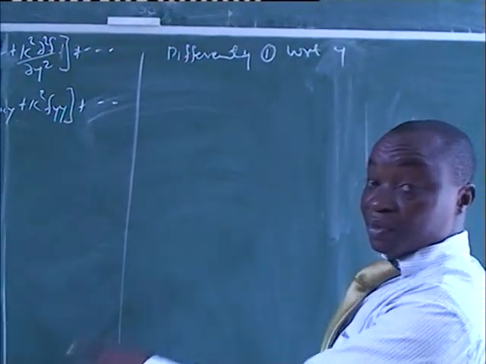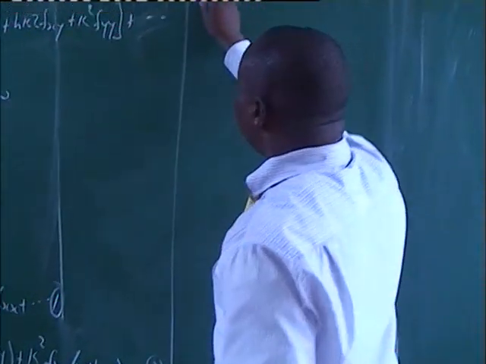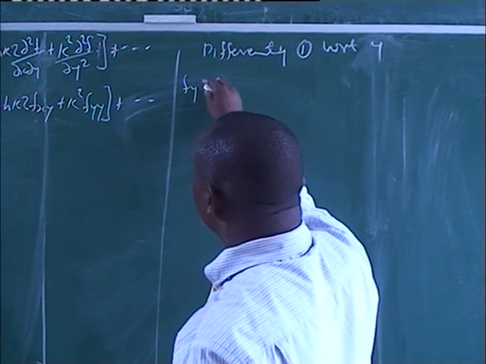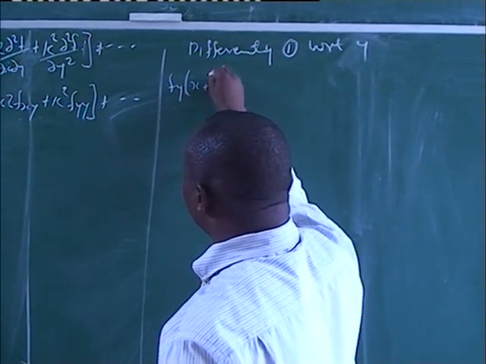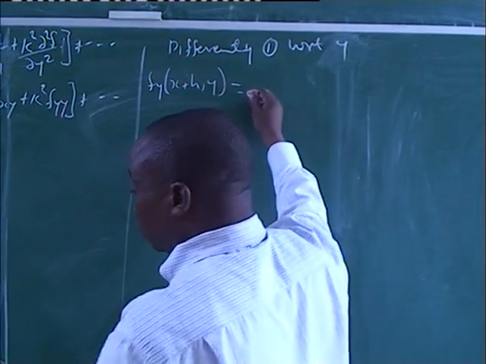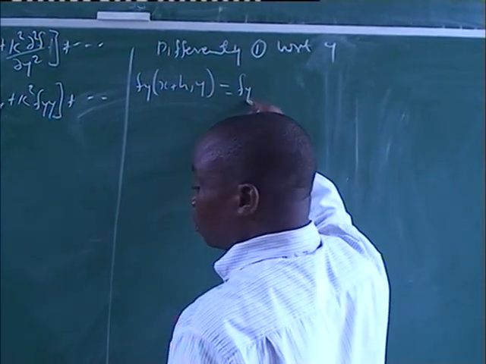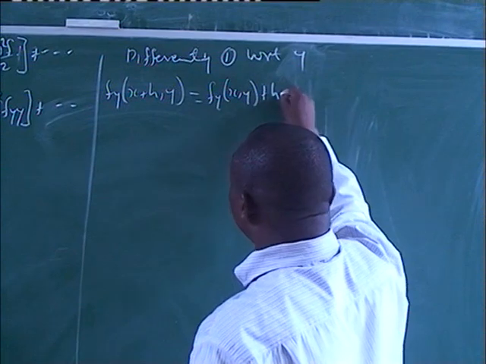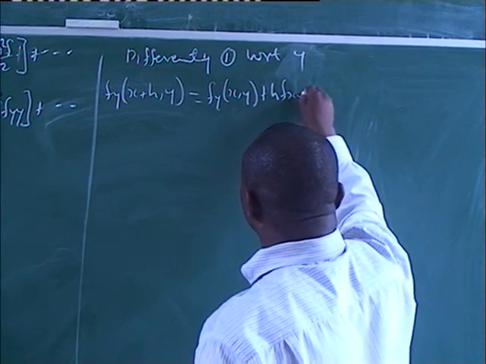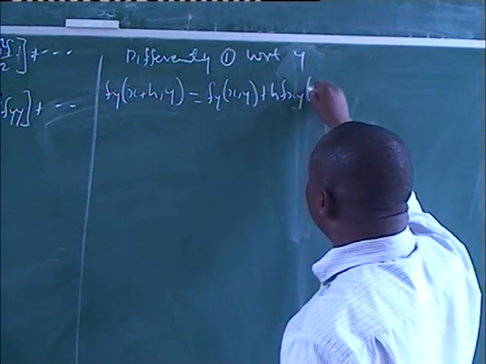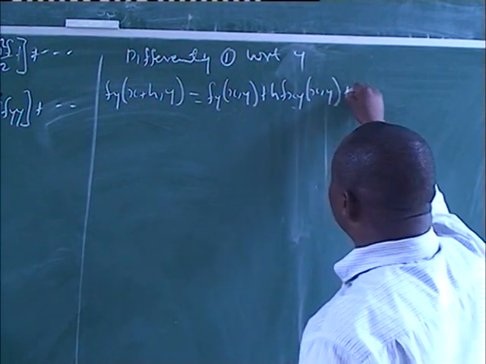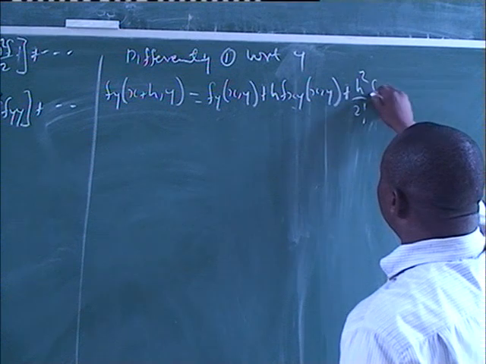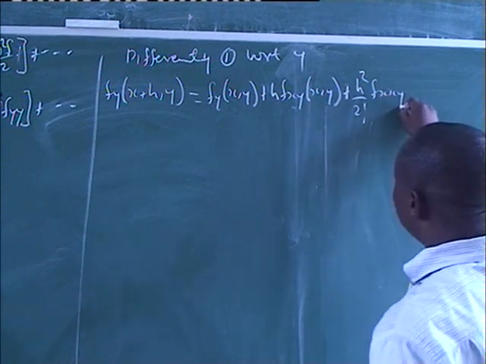So I will have partial f partial y at x plus h, y, which will be equal to partial f partial y of xy, plus h times the cross partial of xy, plus h squared over 2 factorial, then the partial x partial x partial y of xy.